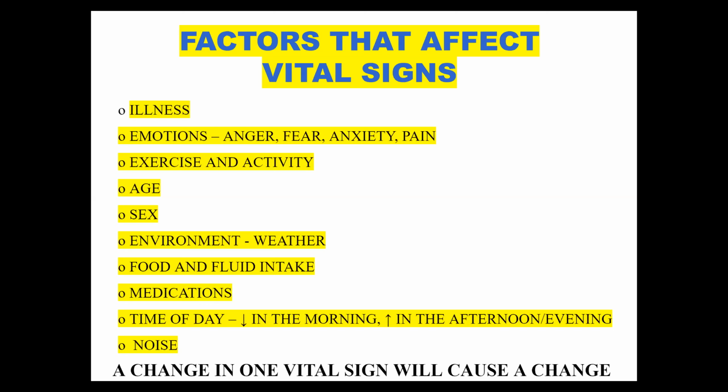If we're dealing with a patient that's hypothermic, we're dealing with a patient whose core temperature is below 95 degrees Fahrenheit. Okay, so weather, if we're outside in the cold, this can impact our temperature. We can become hypothermic if we do not have the proper attire on, if we aren't covered up the way we should.